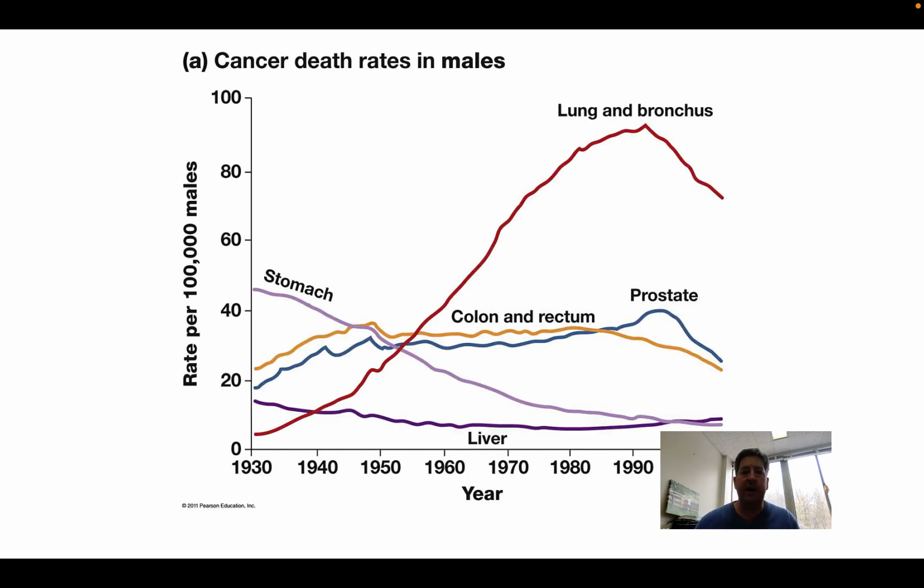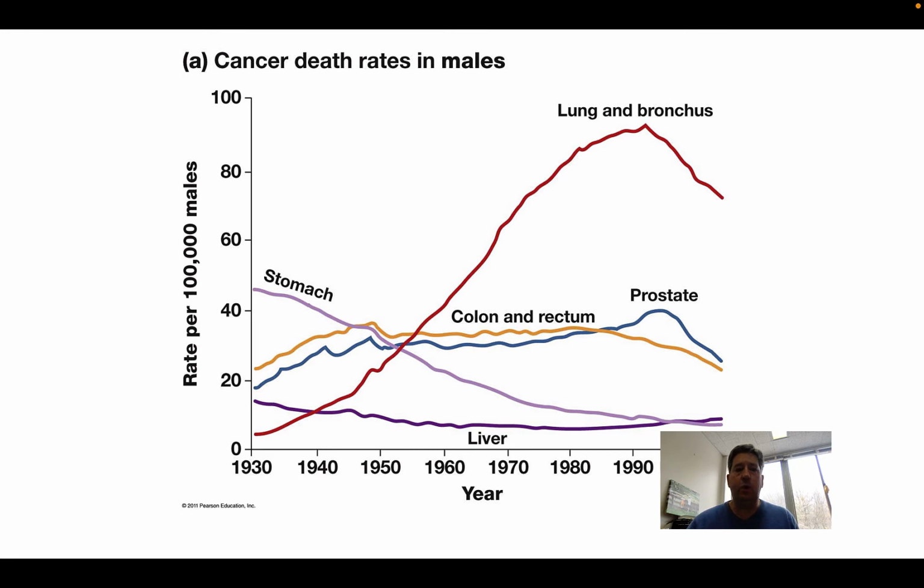And if we look at cancer rates, we're going to look first at cancer rates in males, we can see that certain cancers were very prevalent, such as stomach cancer in 1930, and that has declined over time. But other cancers, like lung cancer and bronchial cancer, have increased since the 1930s till peaking in around 1990 or 1995, and now beginning to decrease in terms of the number of deaths that they cause.